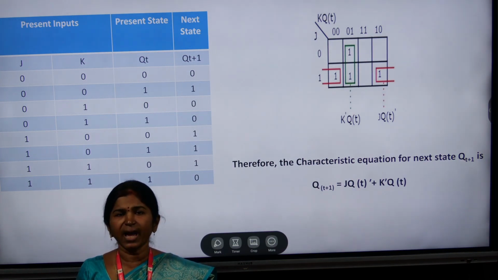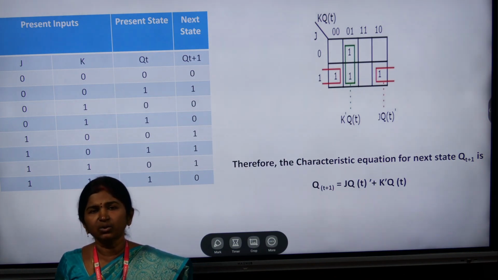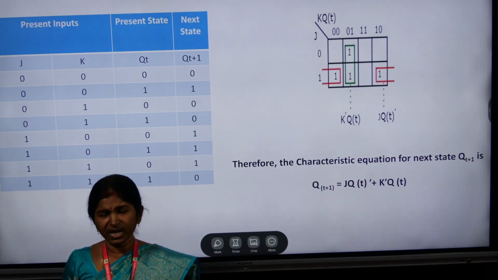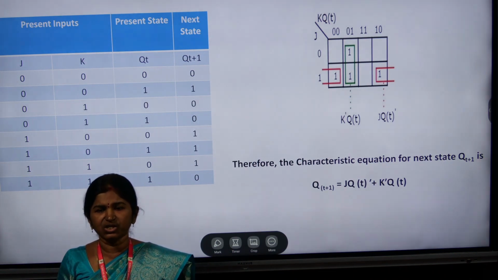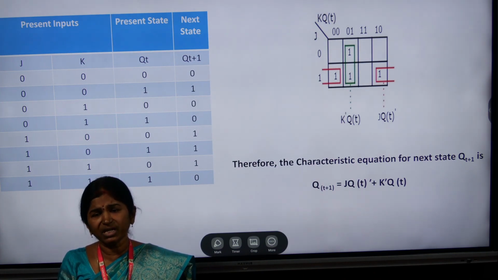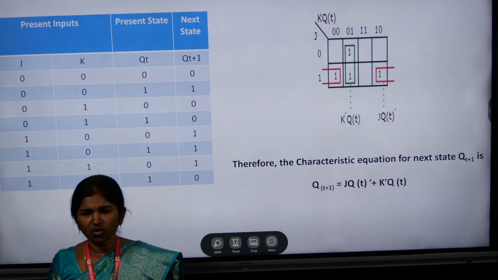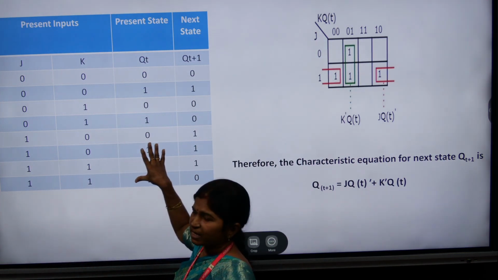And when both J and K values are tied to logic 1, then we are getting into the toggle state. Toggle state means in the next state, we are getting the inversion of the present state condition. So whatever the value there is in the present state will be inverted and carried forward to the next state. Now we will speak about the characteristic table.